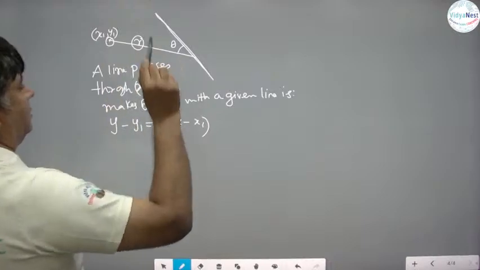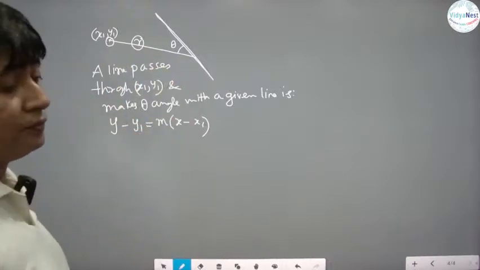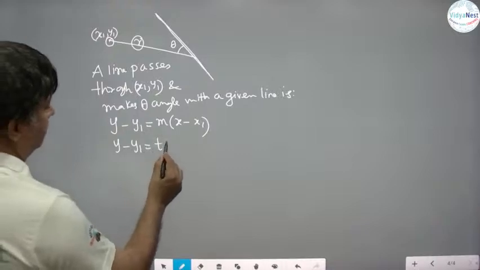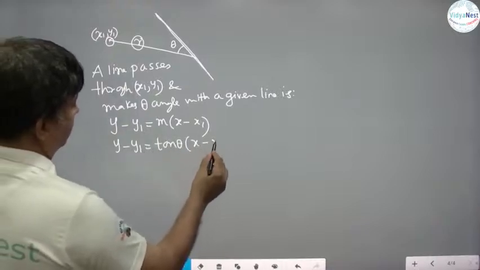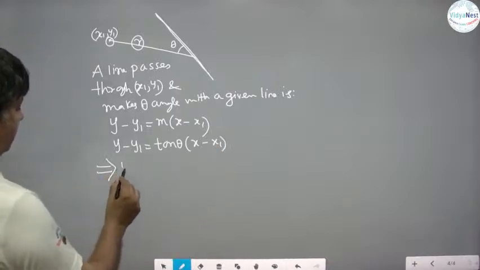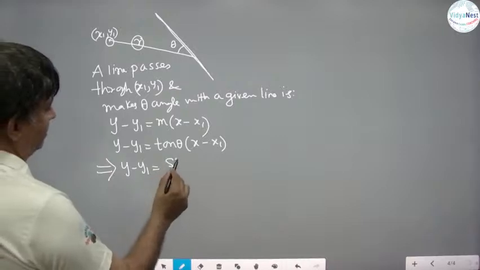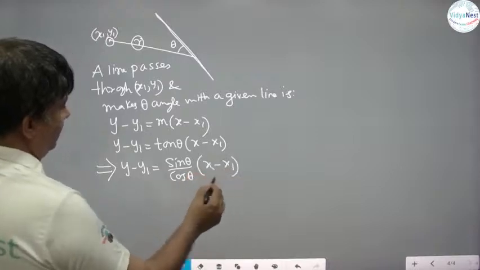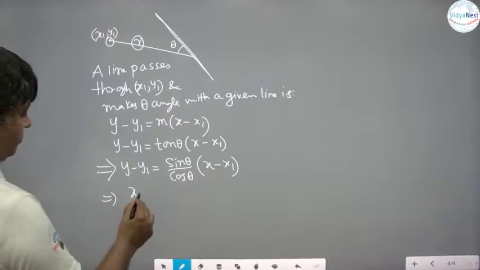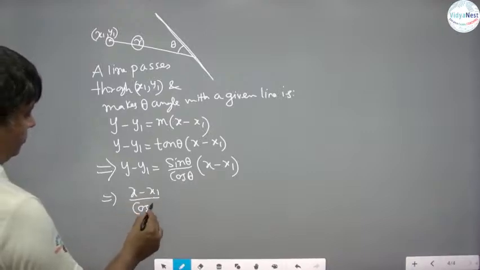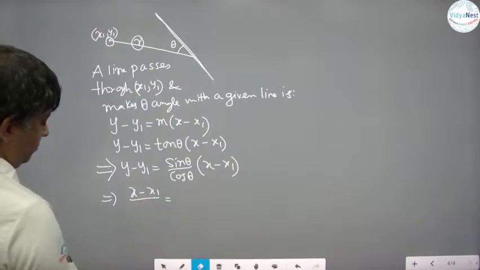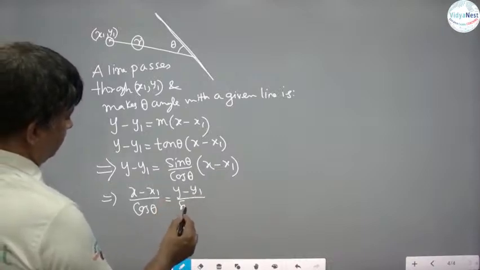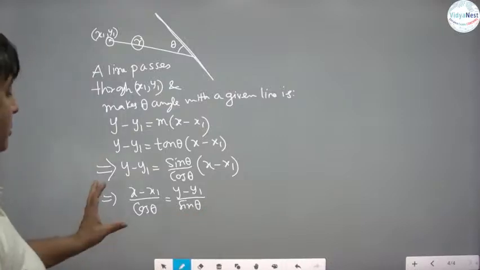That is the distance you are to find. Now, m means tan theta, which is sin by cos. So we could reach up to this stage.